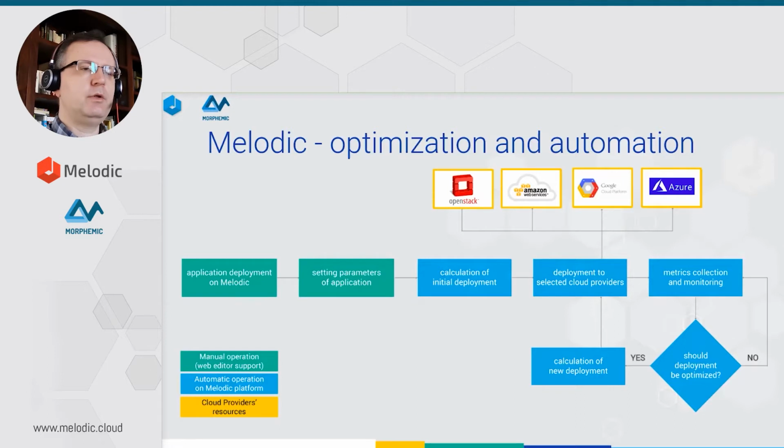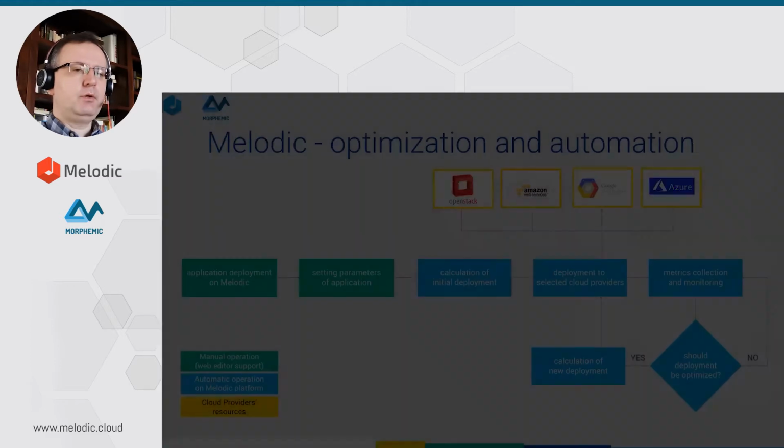We are using constraint programming optimization. We are using genetic optimization. We are using Monte Carlo tree search with neural network in a similar way as AlphaGo is using for solving the optimization problem. So the results of the optimizations are really, really good.